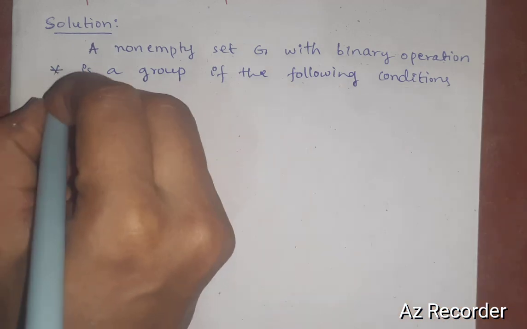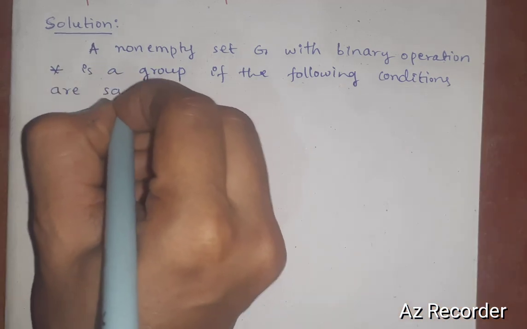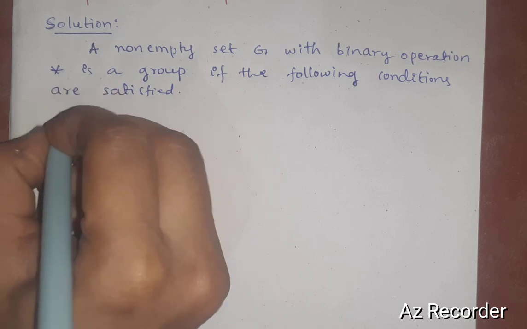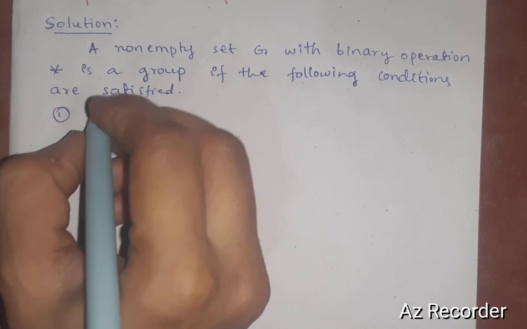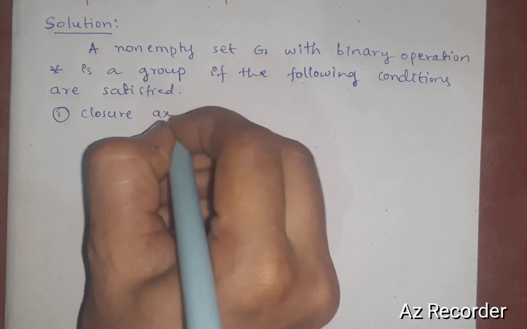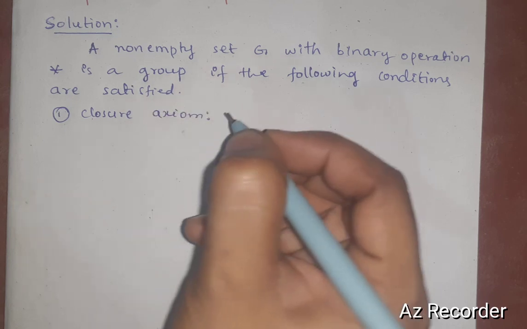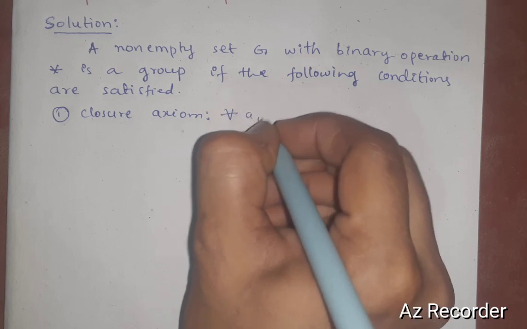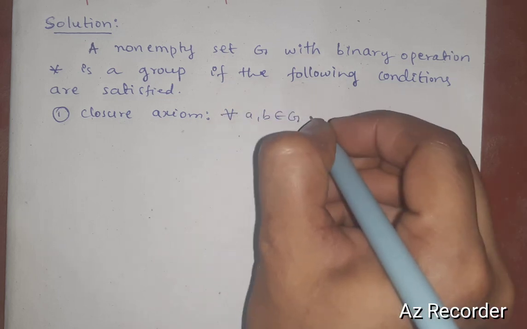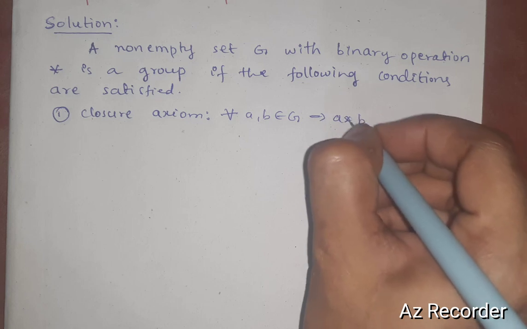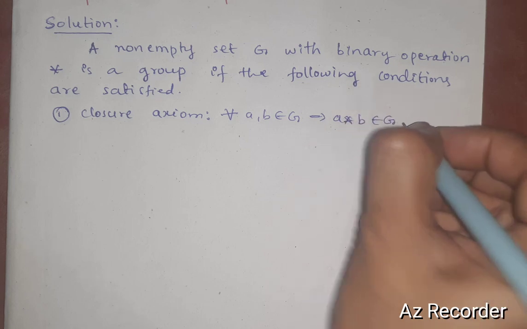So what are the group axioms? First one, closure property or closure axiom. It says, for all a, b belonging to G implies a star b belongs to G.